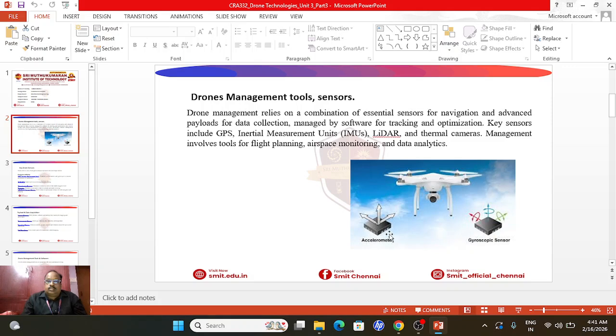The accelerometer measures how the drone travels and at what speed from one place to another, and there is a sensor which involves roll, pitch and yaw, as the level of autonomy is controlled through the gyroscopic sensors.